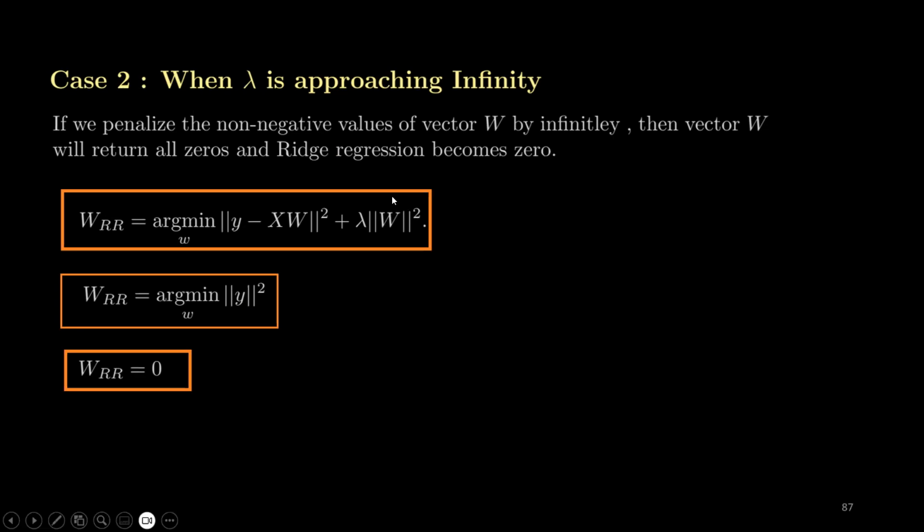If the weight is 0, this term will vanish and this term will also vanish from the squared values, and we are left with only y square. So ridge regression equals only y square, which is the target value. We cannot reduce the target value. It means we do not need ridge regression. In that case, ridge regression will be 0. So if lambda approaches infinity, that is the situation when ridge regression becomes 0.